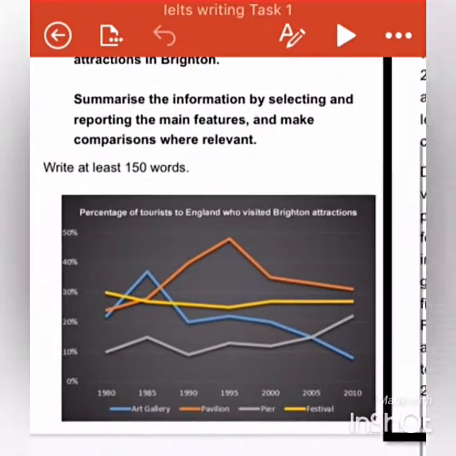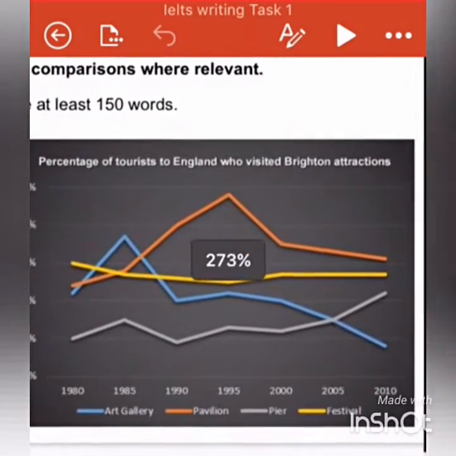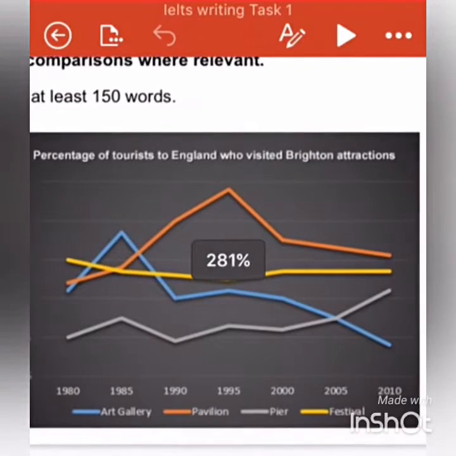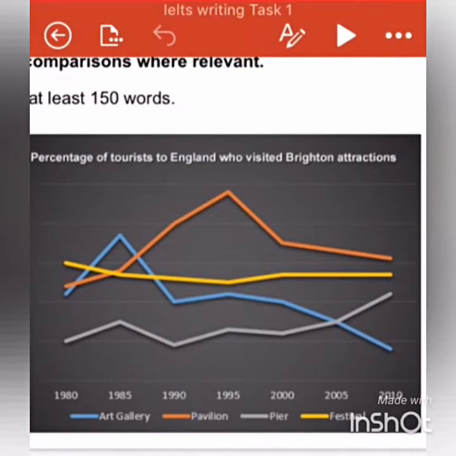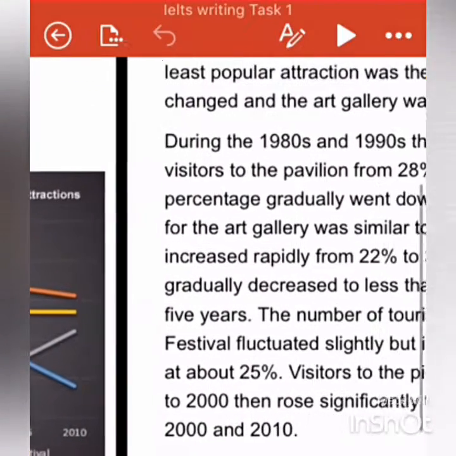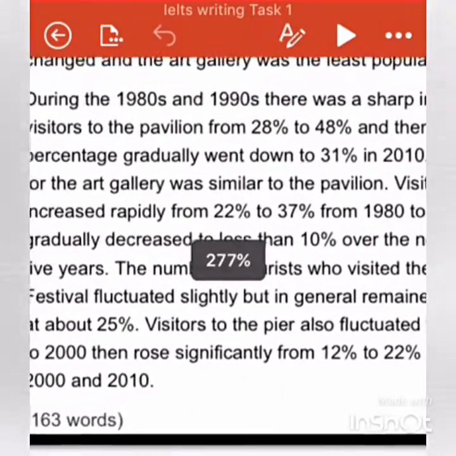So you can see here the explanation has given the summarizing of what has happened throughout the years. Now the further explanation has not been done yet. So once in this paragraph the writer has summarized the whole of the information, then it goes into further explanations.